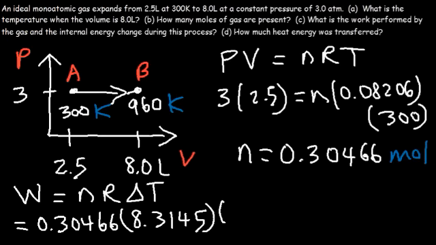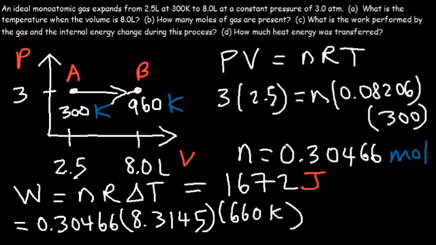And delta T, the change in temperature, the final minus the initial temperature, that's 660 Kelvin. So multiplying these three numbers will give us a value of 1672 joules. So that's how much work is performed by this gas.